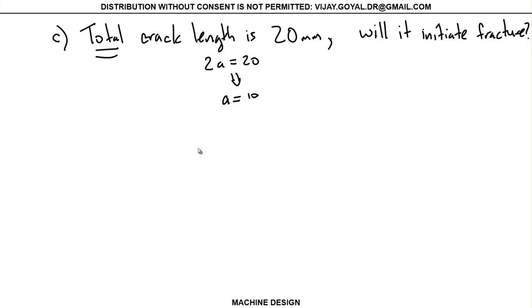Okay, so we know that A transition was 3.48 millimeters, right? This is 10 millimeters. So what we are really working with is in this area, because A is bigger than AT. So we are working with fracture.